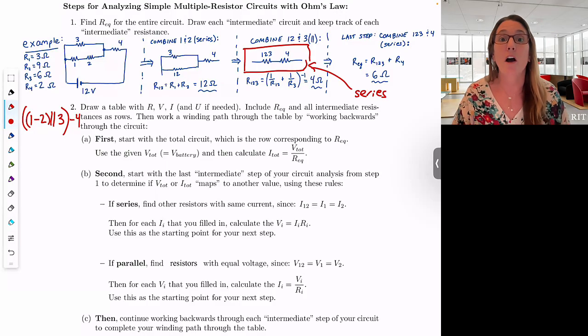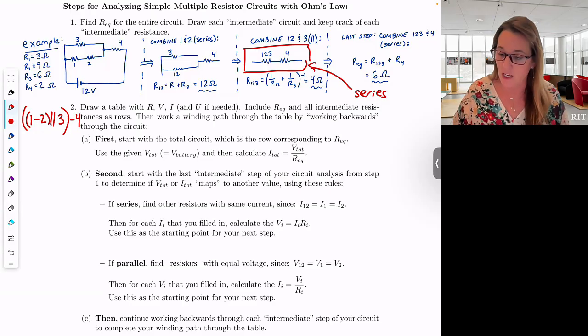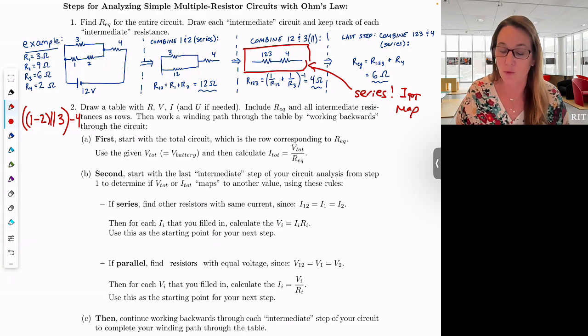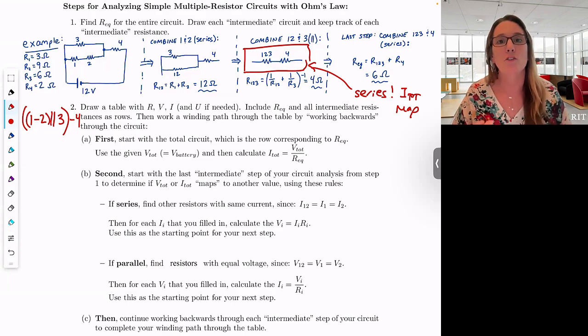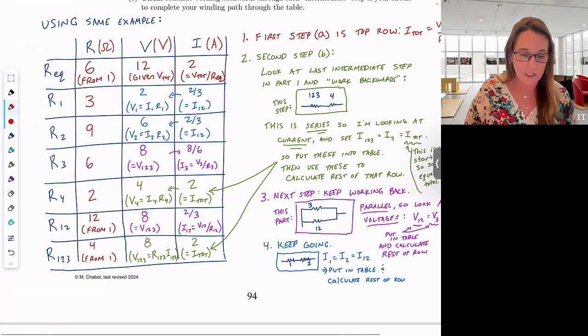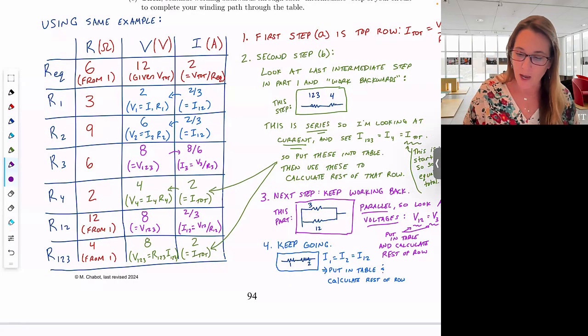And so unlike the one we just did, where the last step was a parallel step, what that's going to do is change what gets mapped. So that means that it's going to be the I total that will map onto the intermediate steps for R1, 2, 3, and R4. And if we look at the table for that, we can see that that's exactly what's happened here.